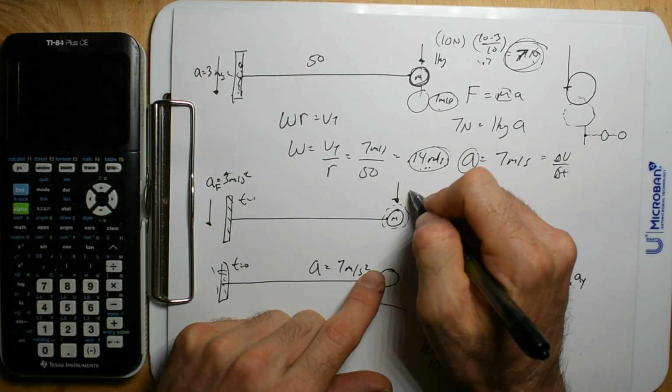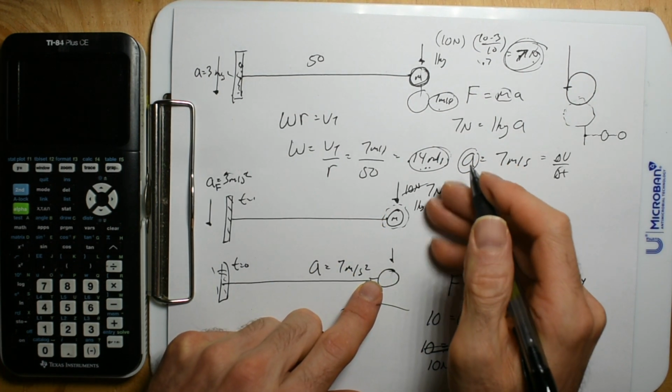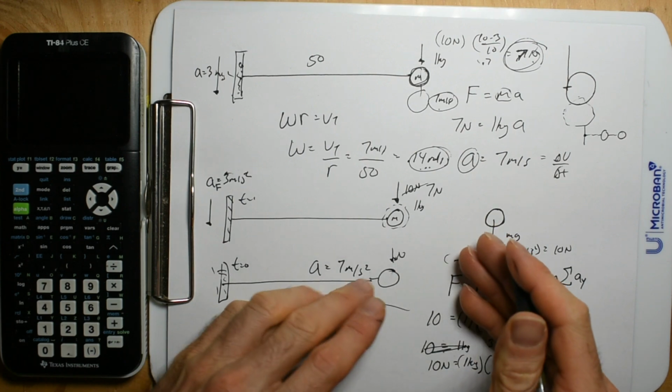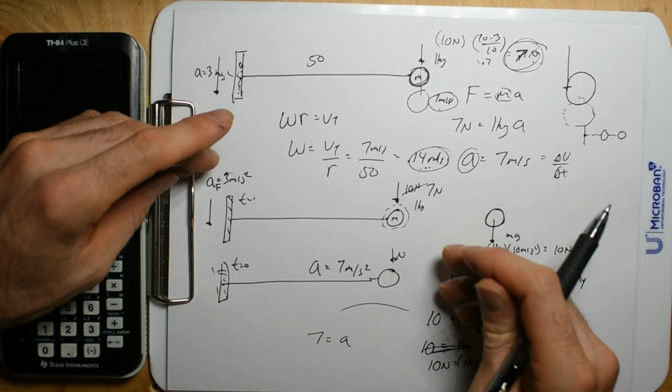When we said it had an effective force of 10 newtons, no, it didn't. It was basically an effective force, or a driving force, of 7 newtons. And that was interesting. It's even interesting that you can do that.